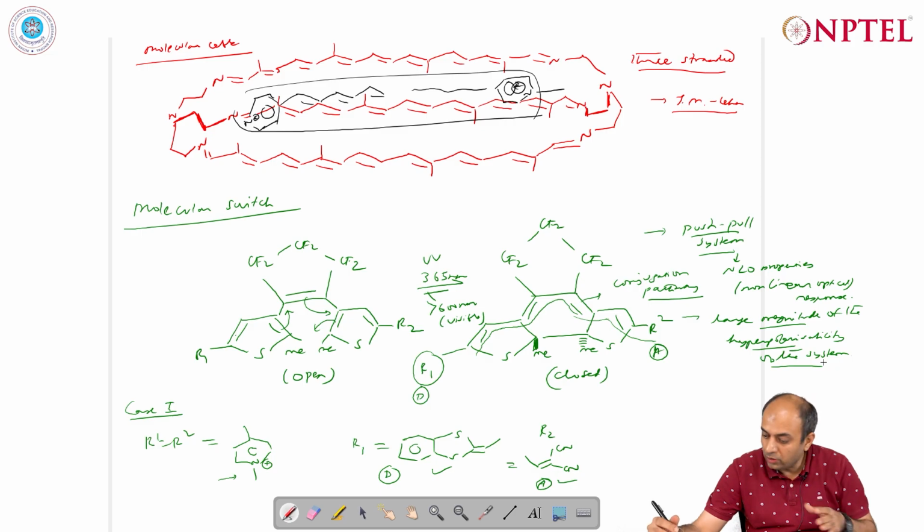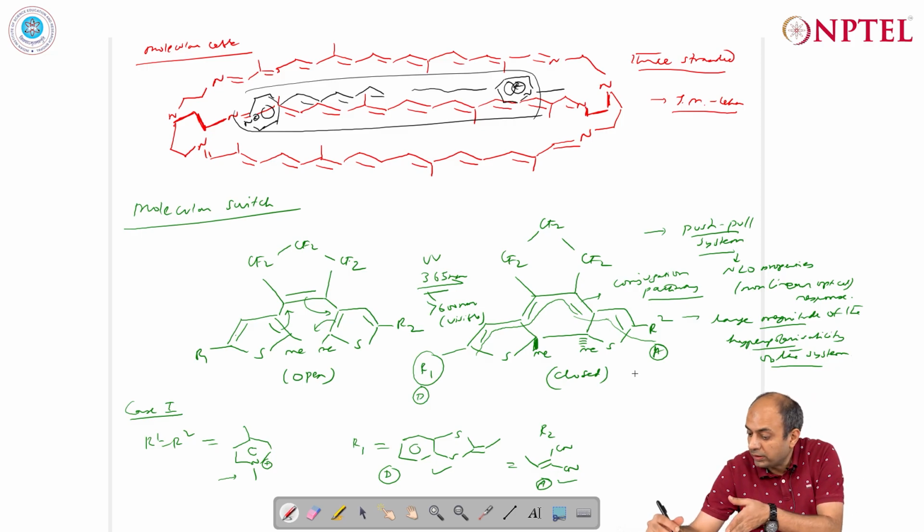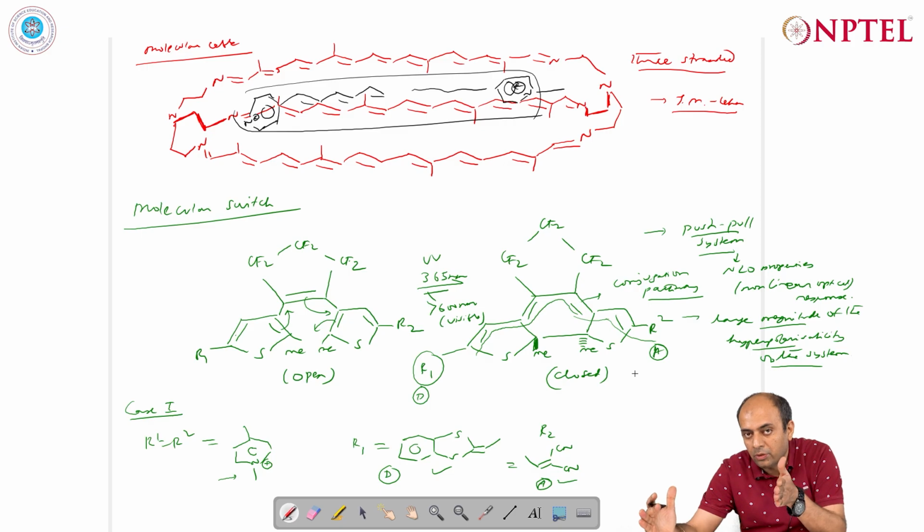This actually happens in the case of the molecular switch in the closed state, where there is very facile electronic communication and extensive polarization from one end to the other, because there is the donor part and the acceptor part, and therefore this creates a ground state charge separation between the donor and the acceptor moiety. So in the ground state you now have a high magnitude of the dipole moment, and therefore this molecule can interact with external electric fields, and this external electric field can polarize the electron density in the molecule.